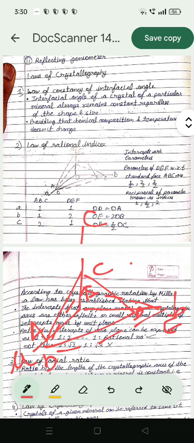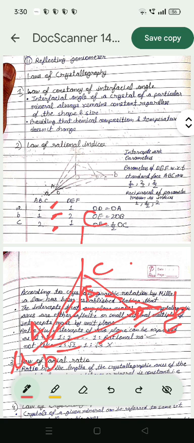Here we can compare with the standard face in all the axes. In the A axis both cut at 1 unit. At the B axis the face DEF cuts at 2 units, and at the C axis the face ABC cuts at 2 units, which is greater than this. So we can draw a relation between them.